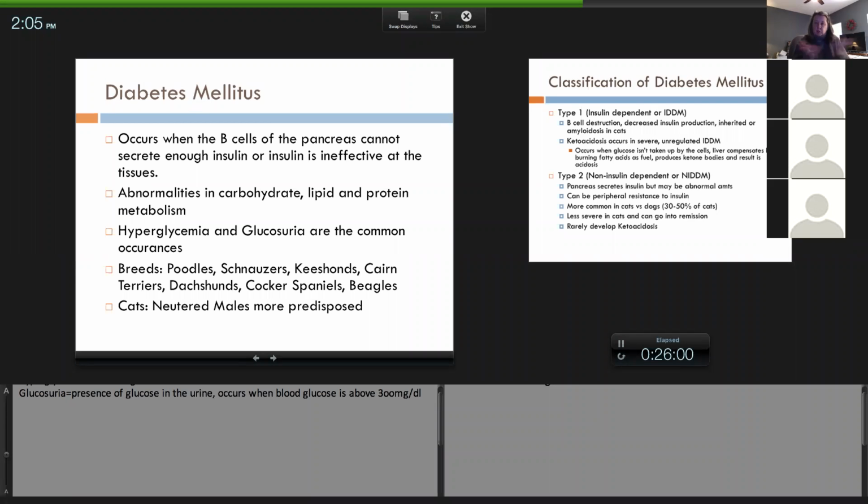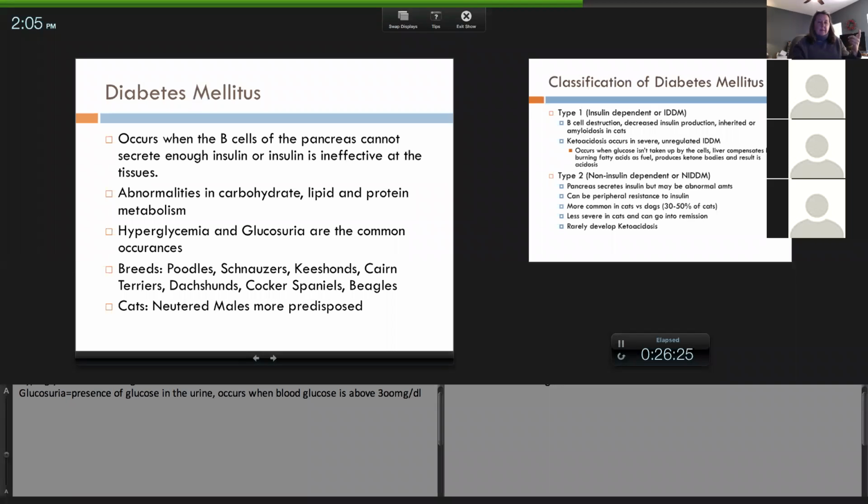Think about it like a server. I think I've used this analogy before. Insulin's like, here's your glucose, here's your glucose, here's your glucose. So what insulin does is it lowers blood glucose because it takes glucose from the blood and puts it in the cells. That's the job of insulin: number one, lower blood glucose, and put it into the cells so they can use it.